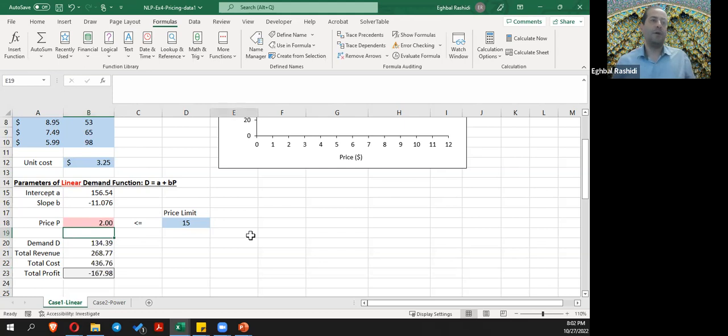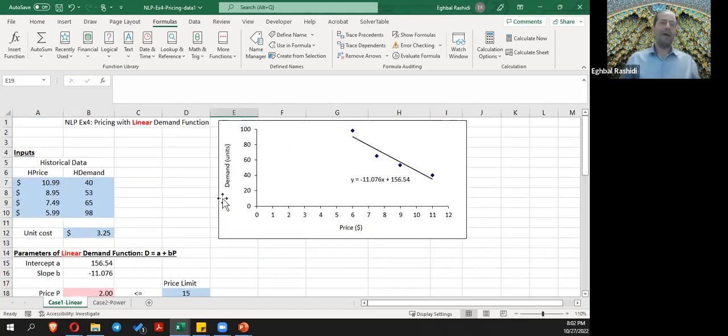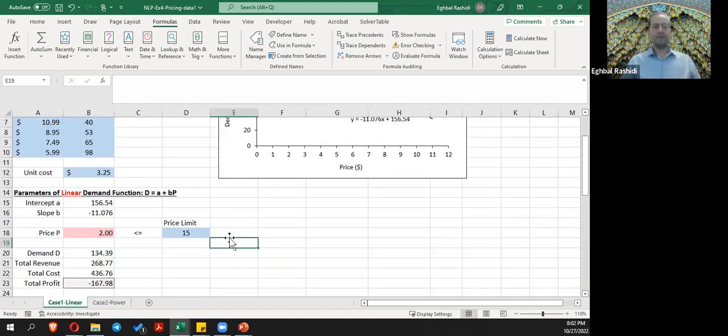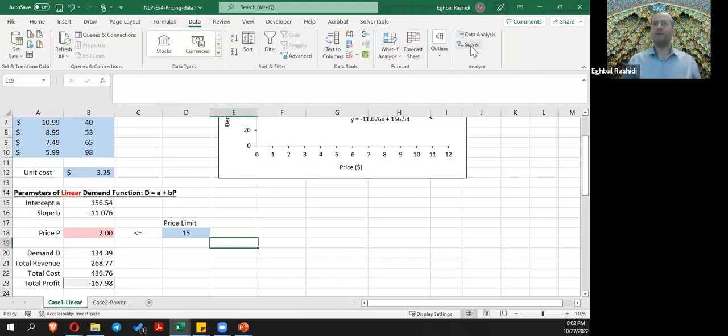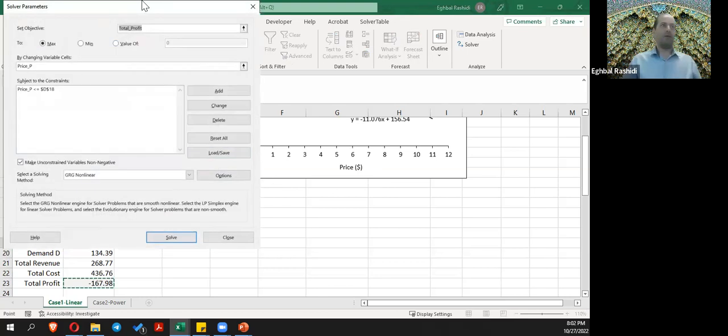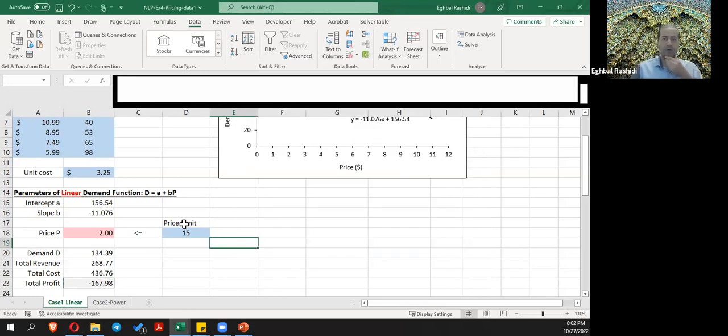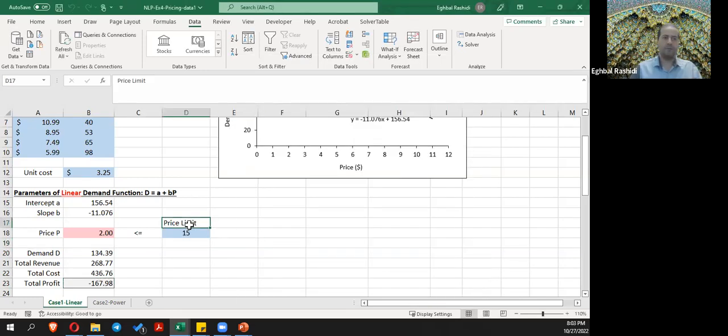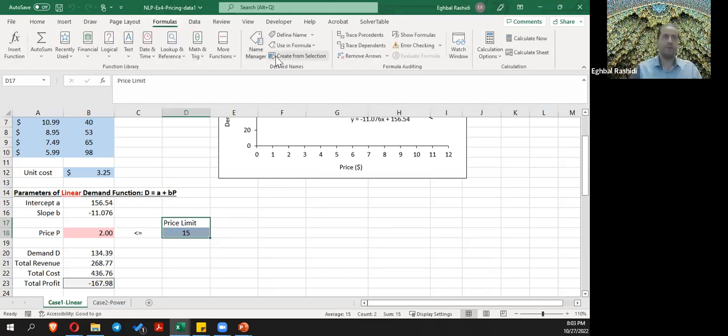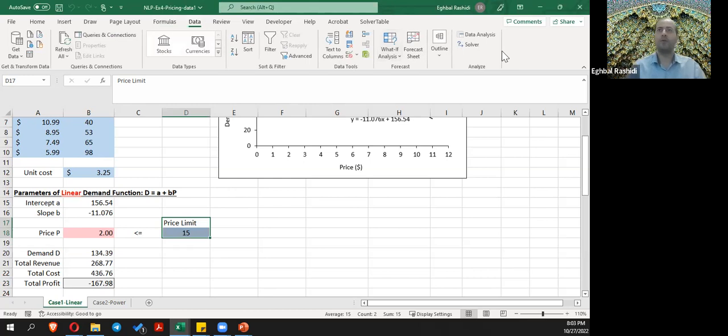All right, now let's go back. I want the price to be less than 15. I think right now it should be fine. Even if I don't put the constraint of price less than or equal to 15, that should work. I'm going to also put the price limit up here in my model.